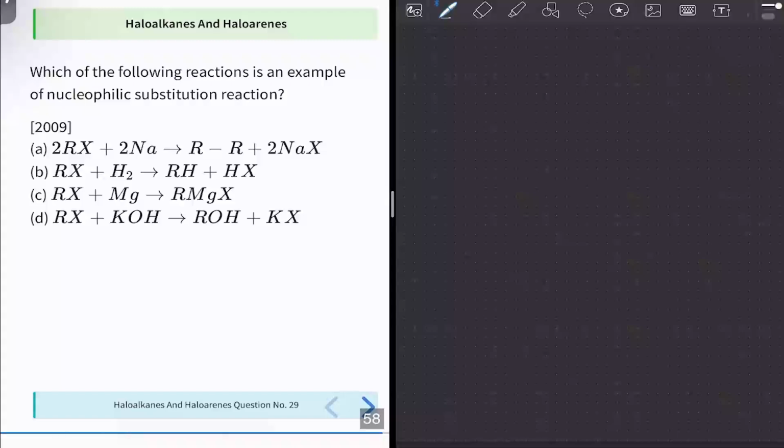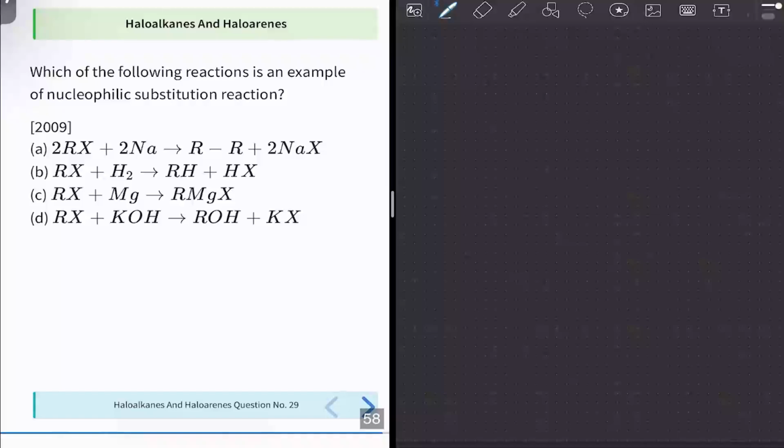You can say it is a substitution reaction, but it will undergo a free radical mechanism. Then the second option, RX with H2 to form RH plus HX. It is also not a nucleophilic substitution reaction.